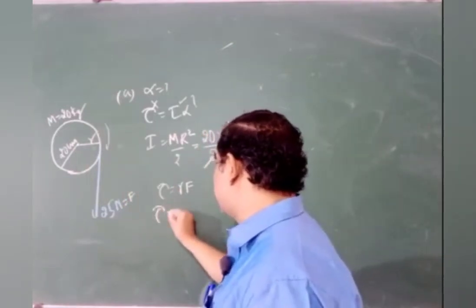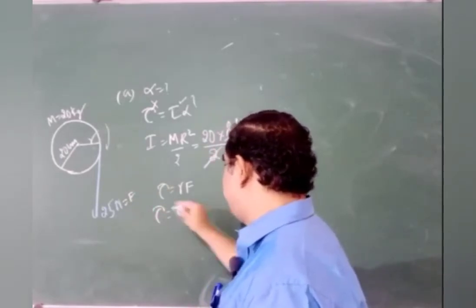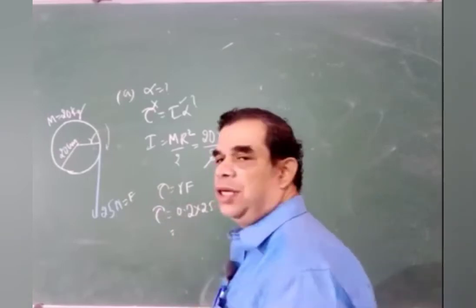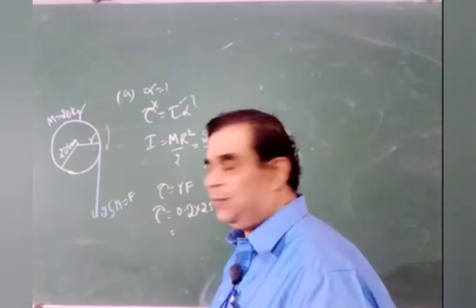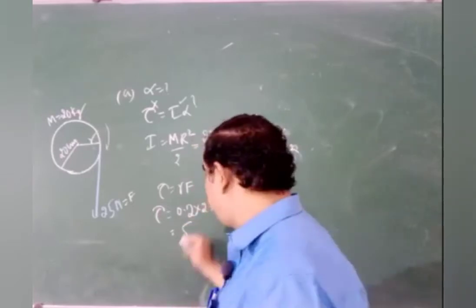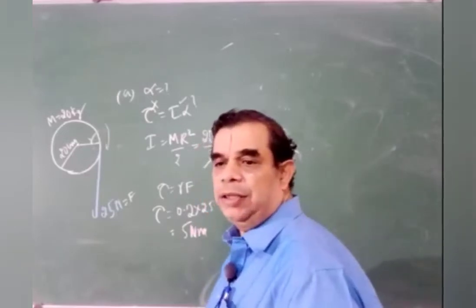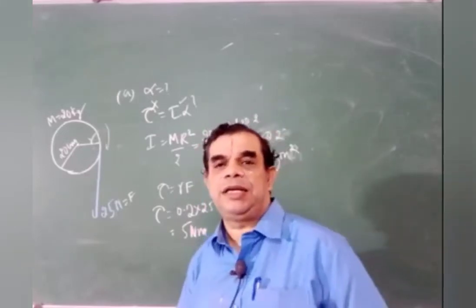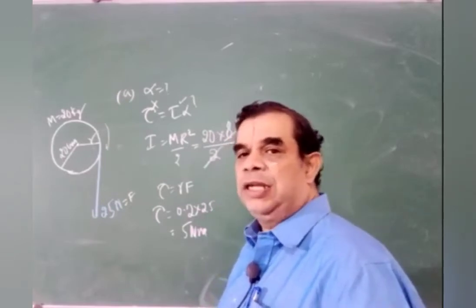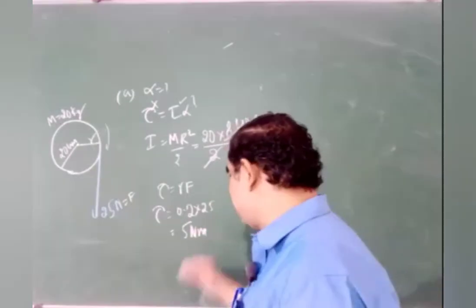So torque is 0.2, R, into F, 25. 25 twos are 50. That is 5 Newton meter or 5 joule. You can write 5 joule also. Sometimes we write joule, even though, as I told you, it's a unit of energy. Many times we use it as a torque unit also, but I want to write Newton meter.